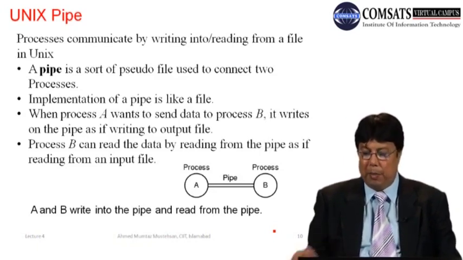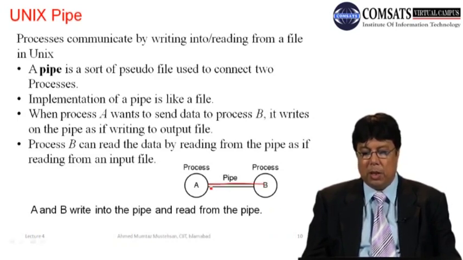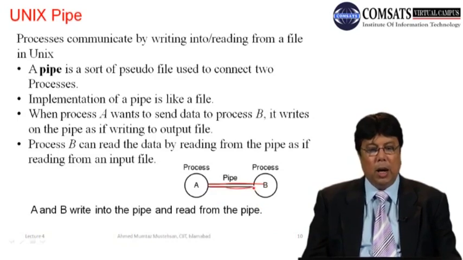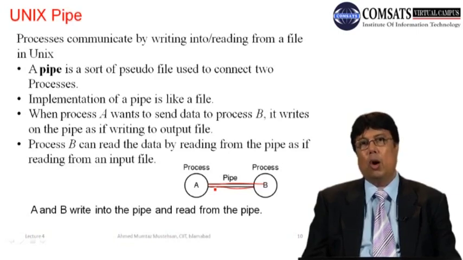Suppose this pipe has been established. Now process A wants to send some data to process B. It will write the data into the pipe as if it is writing onto an output file.